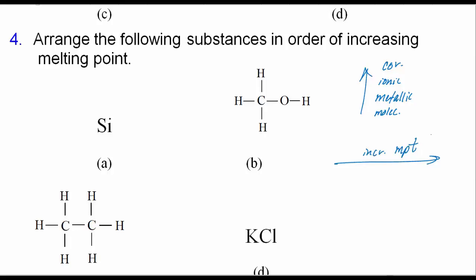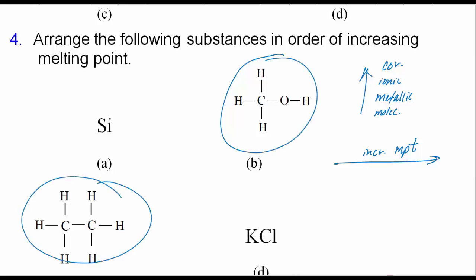Bottom of the pile is molecular solids. Do we have any? Yeah, we've got two of them. We got one here and we've got one here. But this one has hydrogen bonding. This one's just dispersion. So C would be the weakest because hydrogen bonding is pretty strong, remember? Those intermolecular forces, hydrogen bonding is the strongest. So B would have a higher melting point than C.